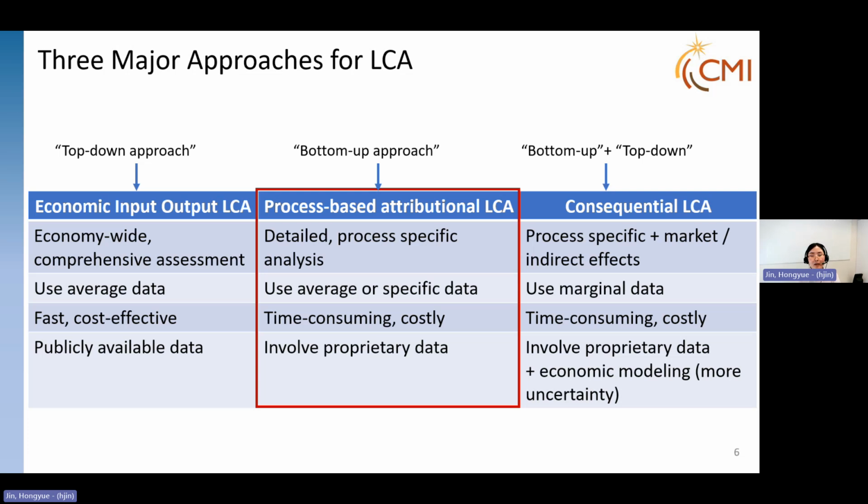So coming back to the iPhone versus Android example, if one decides that the iPhone is too expensive and wants to buy the Android phone as a cheaper alternative, then attributional LCA tends to think one-to-one substitution, so that one iPhone is substitutable with one Android phone. But consequential LCA looks at the impact beyond this one-to-one substitution.